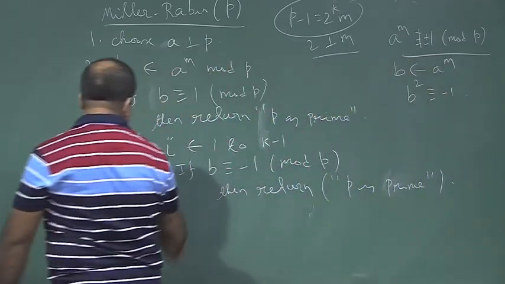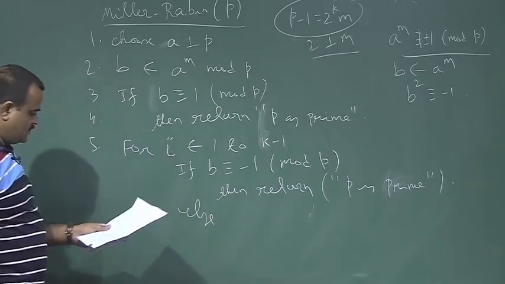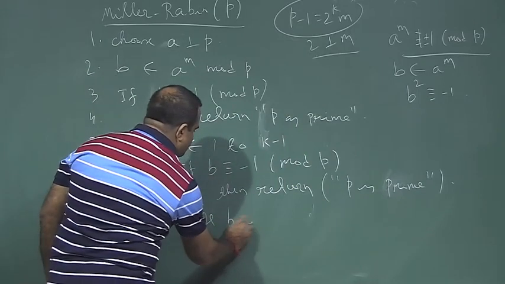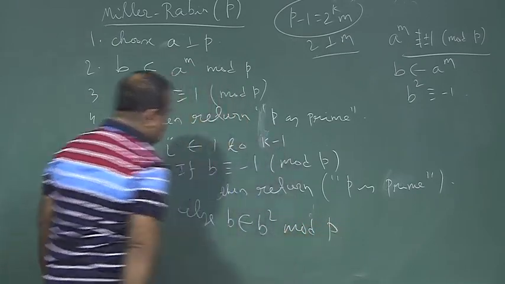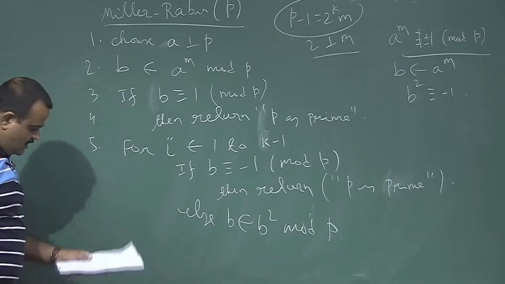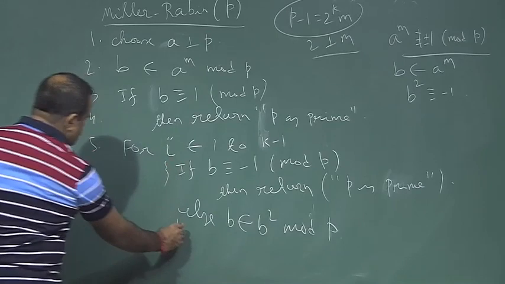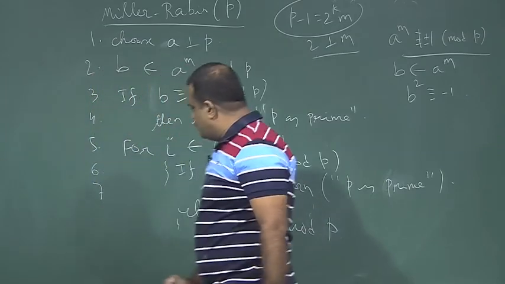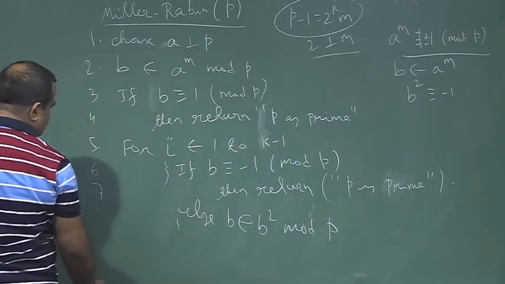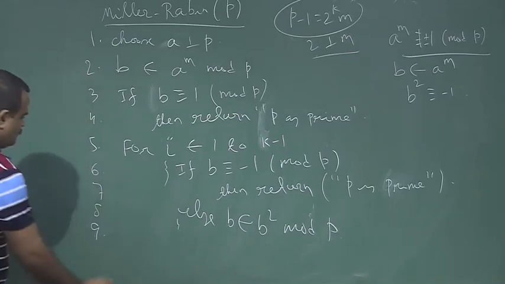Else, under this for loop, b is replaced by b square mod p, and then we run this loop, and once we complete this loop, steps 6, 7, 8, then we return p is composite.